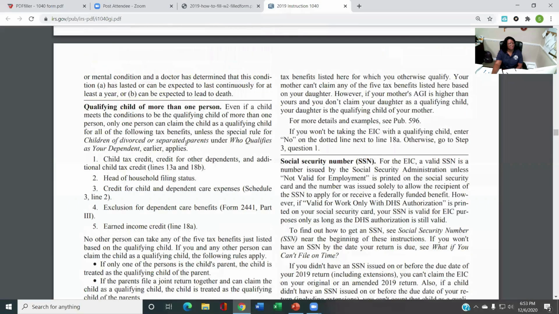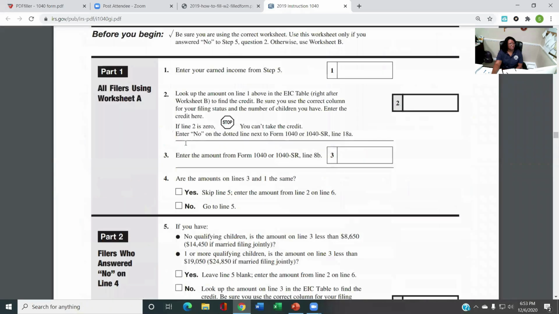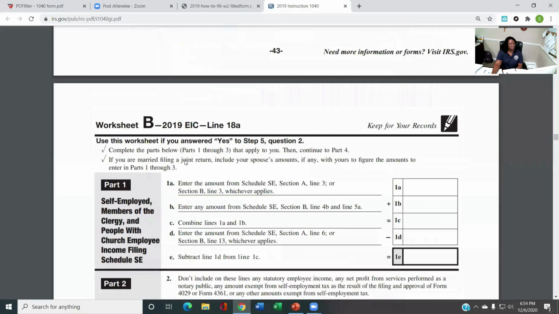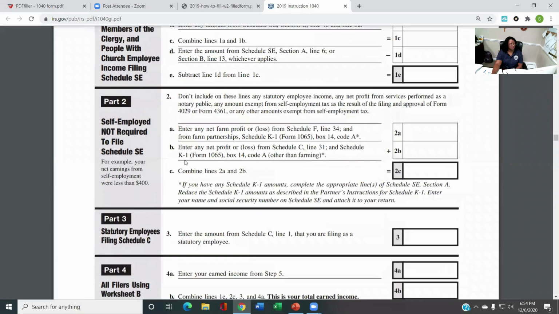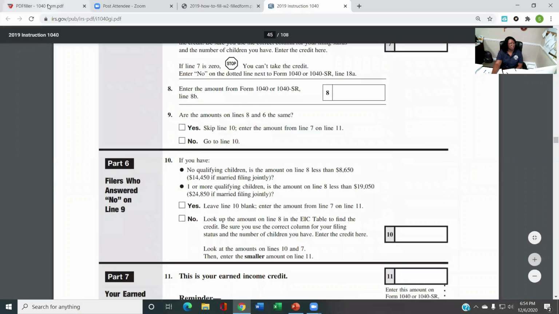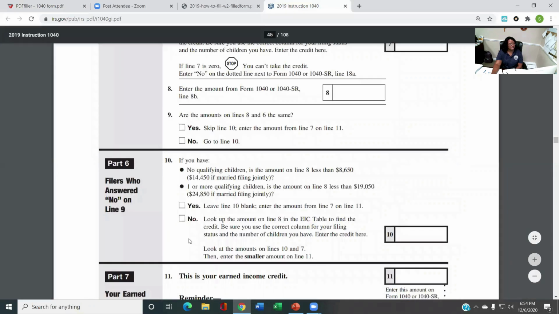So let's see the earned income. So this is the earned income figures. So we're scrolling because we're looking for, and it goes by number, 18B, which is the additional child tax credit.